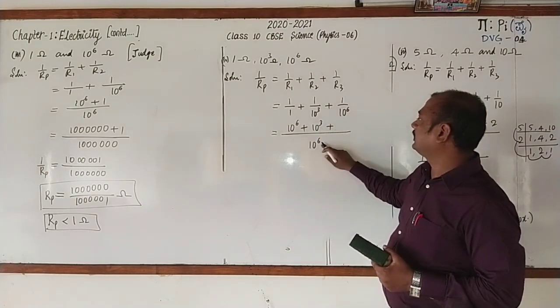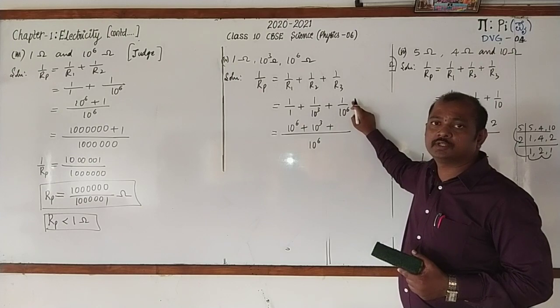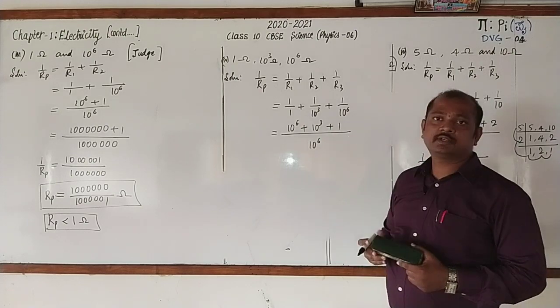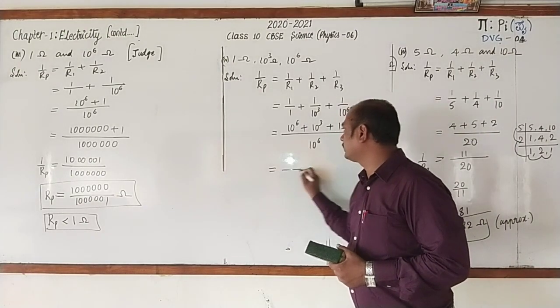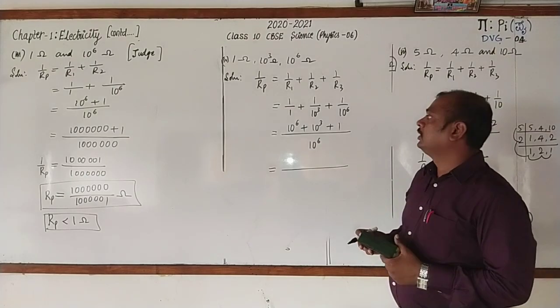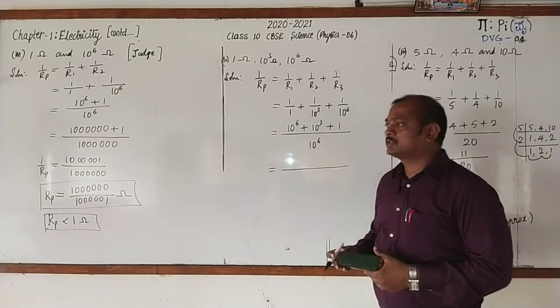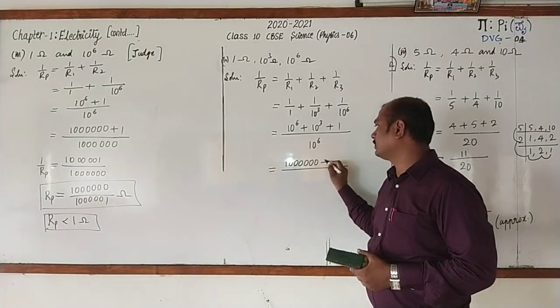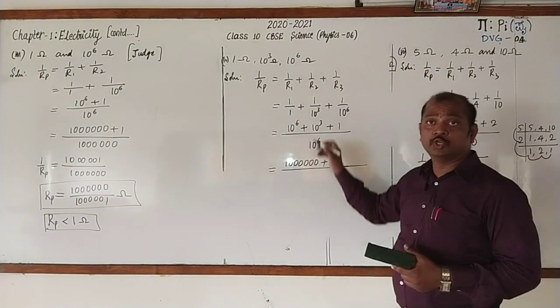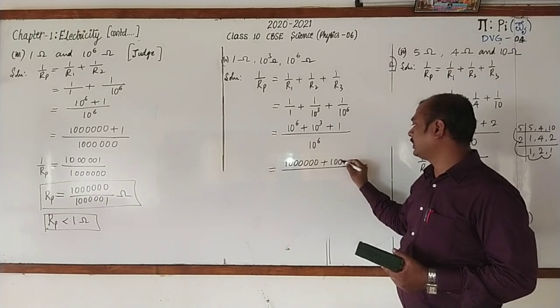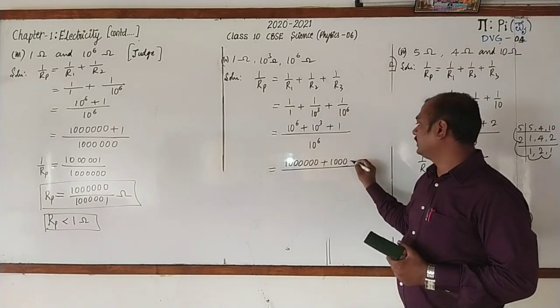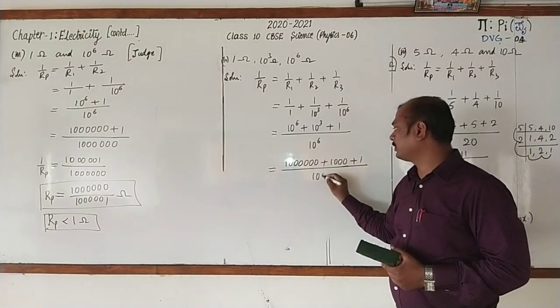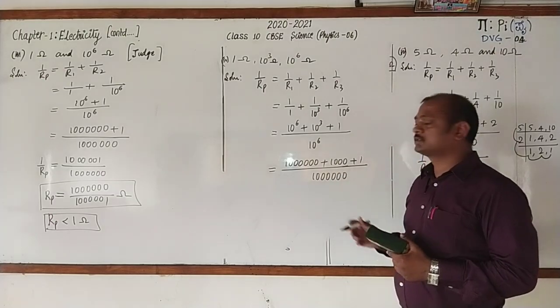For the third term, 10 raised to the power 6 multiplied gets cancelled, you will get 1. This is equal to, again, 10 raised to the power 6, that means 1 after 6 zeros, 10 cube, it is 1000, 1 after 3 zeros, next 1.